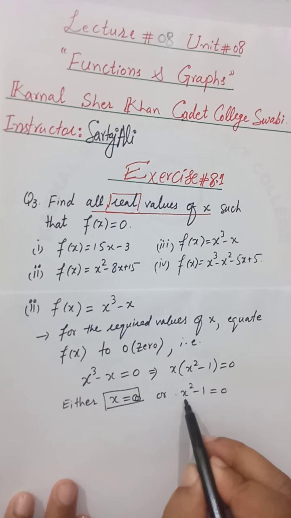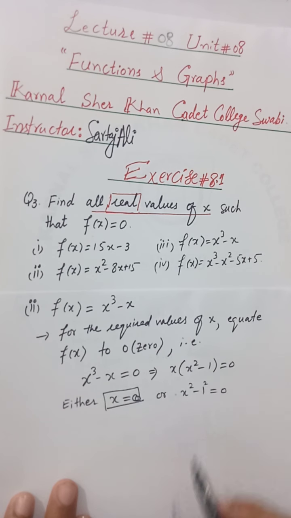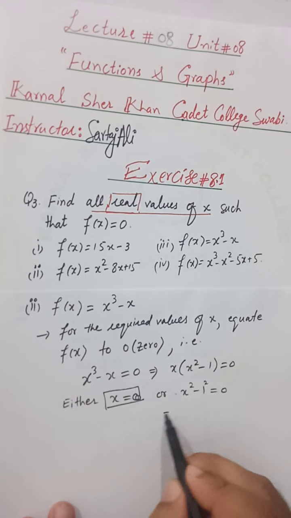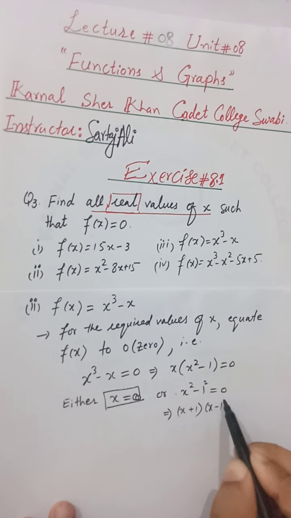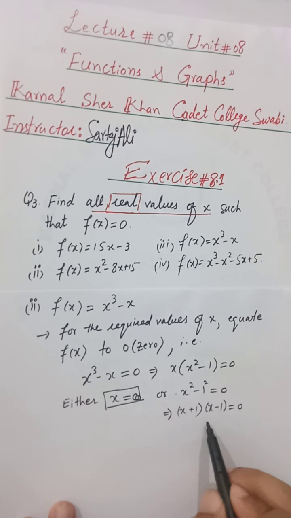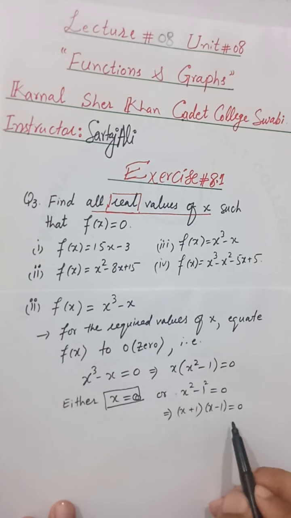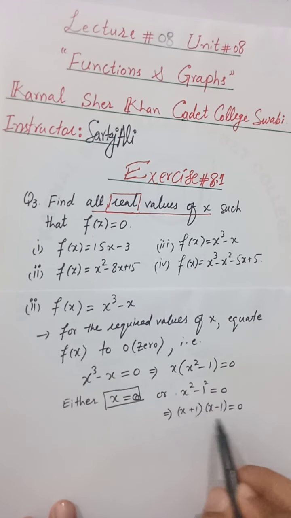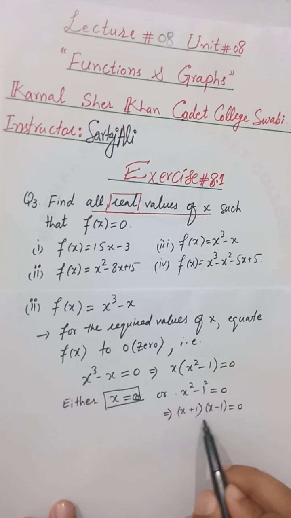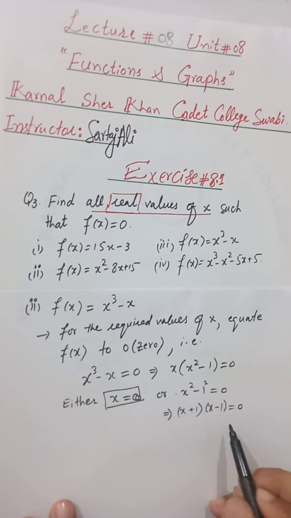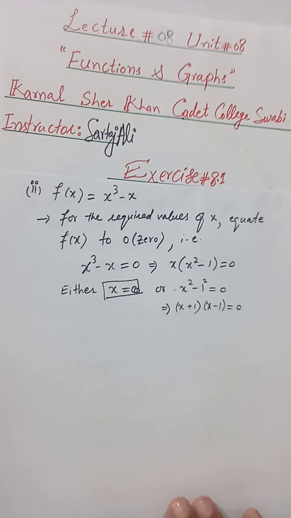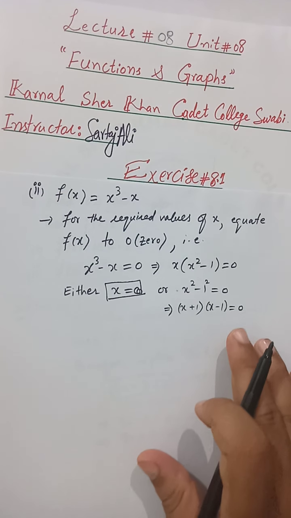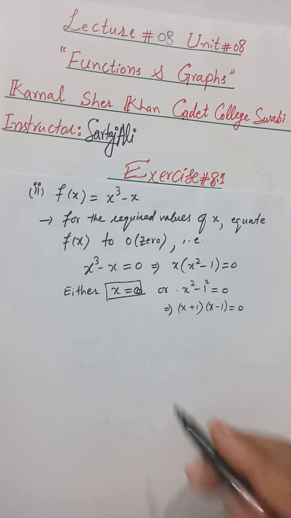Now this is x square minus 1 square. You can write 1 as 1 square, because 1 square is equal to 1. So it is a square minus b square, so a plus b times a minus b equal to 0. In this equation you clearly see that the two factors multiply to 0, so it means that at least one of them must be 0.